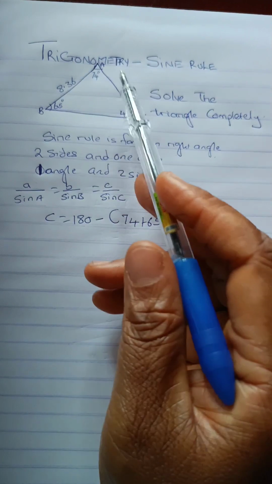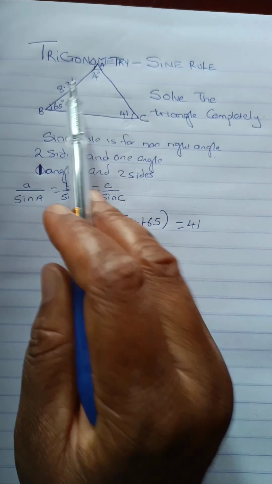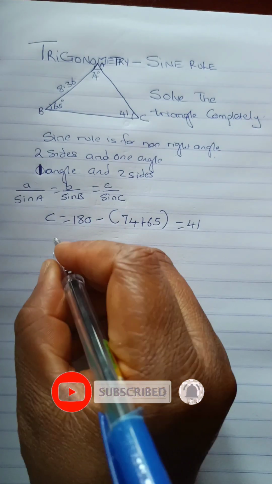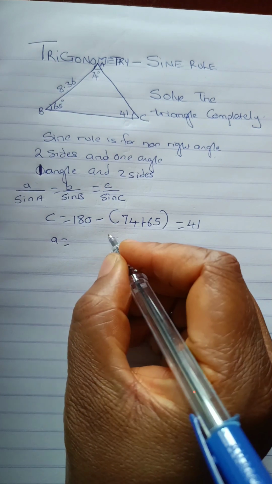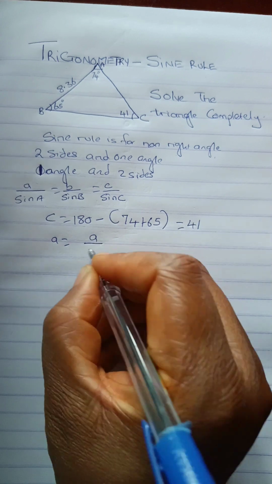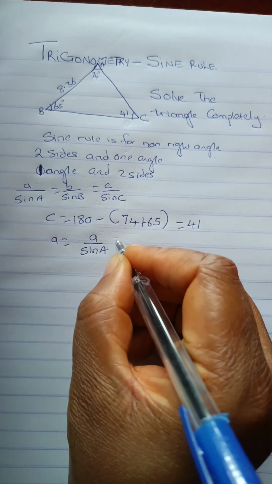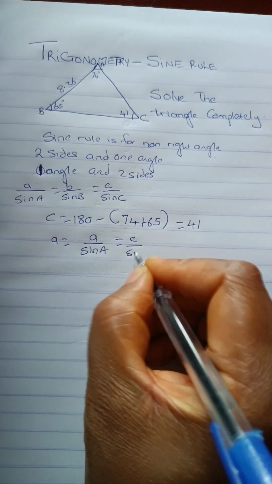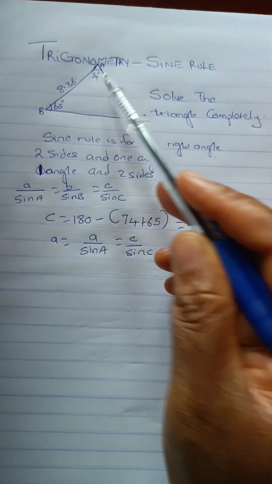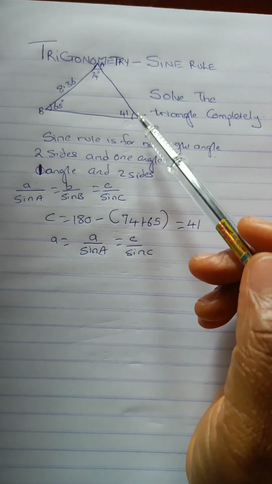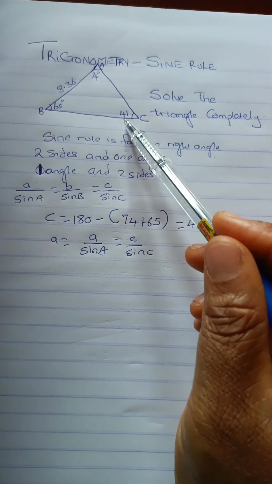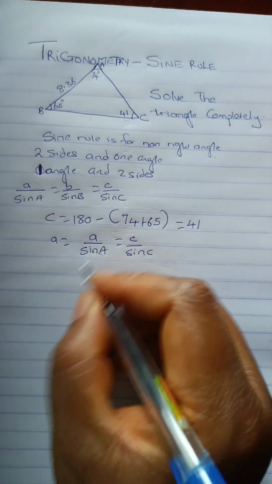So what do we have? At least we have one, big C and small c. So now let's solve for A. To solve for A, it will be a over sine A equal to c over sine C. We have no small a, but we have big A, which is sine A. And small c is this, while the big C is the angle, sine C. So let's input our numbers.